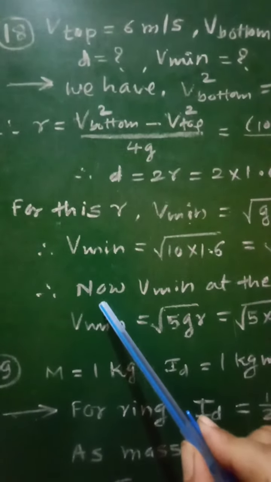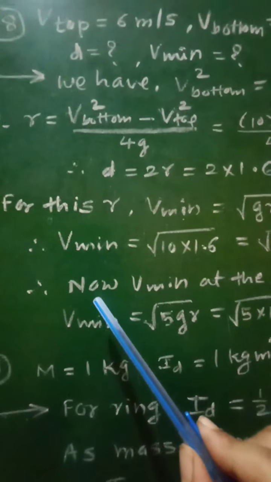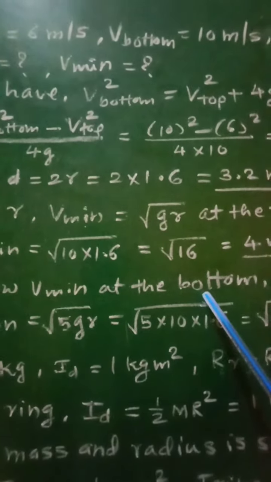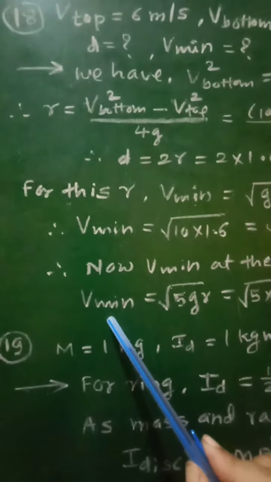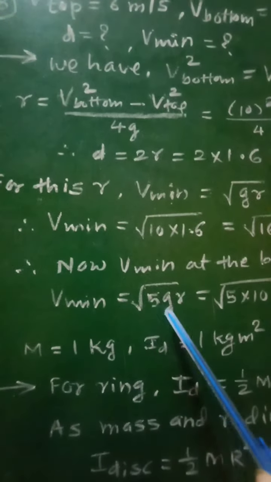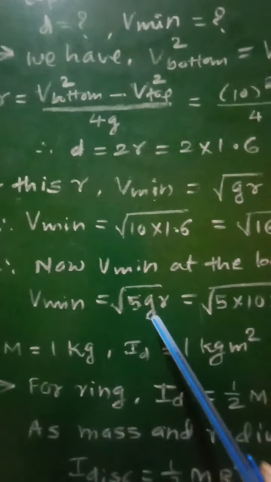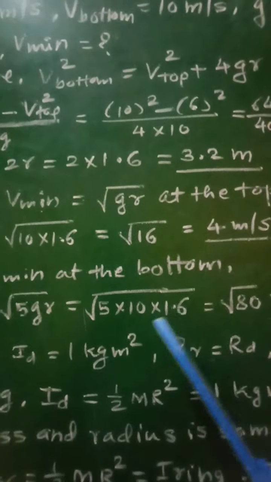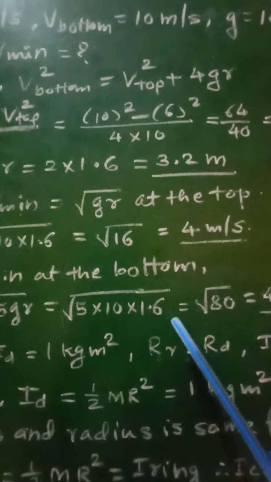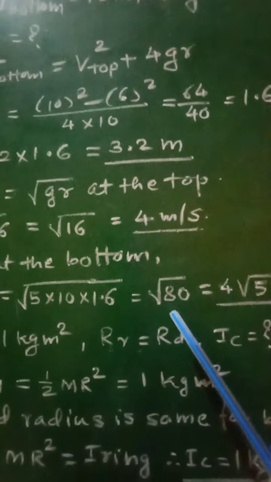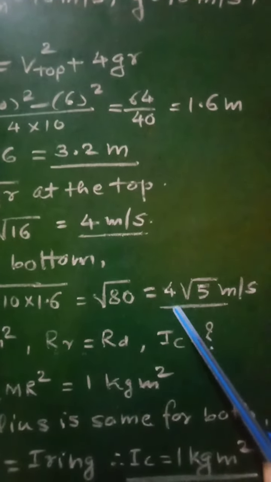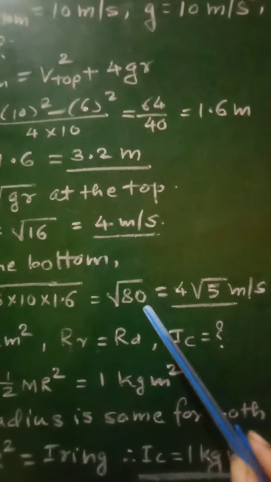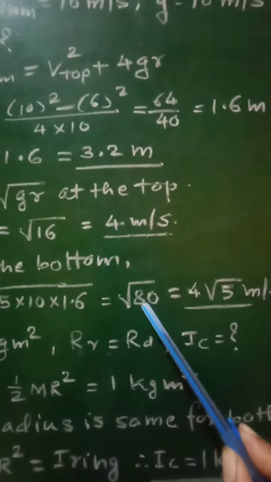Now the second value of minimum velocity, that is v minimum at the bottom position, will be given as v minimum equal to square root of 5gr, which equals square root of 5 into 10 into 1.6, that is square root of 80, which comes out to be 4 root 5 meter per second, because 80 is 16 into 5.